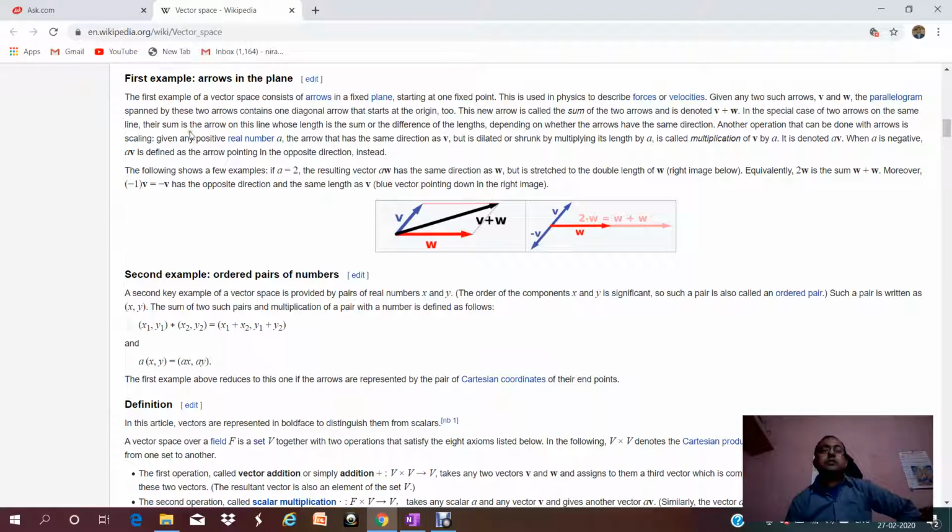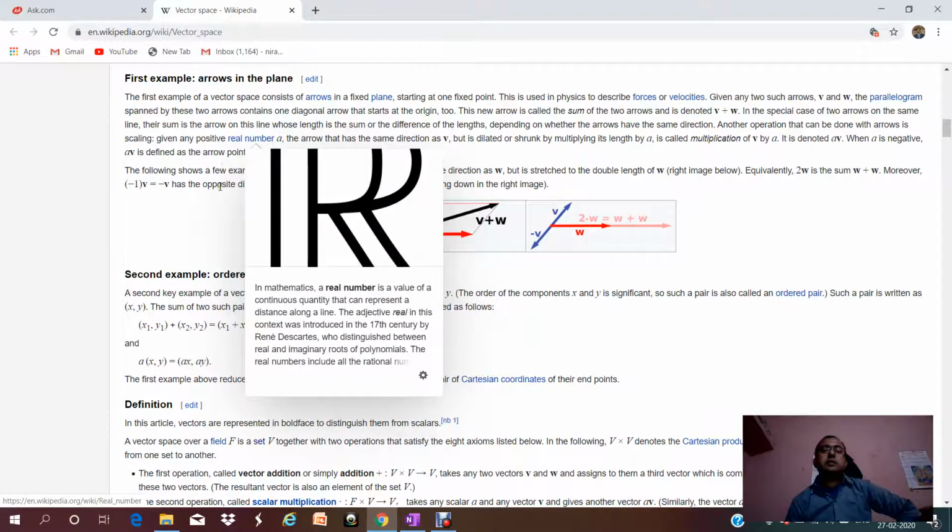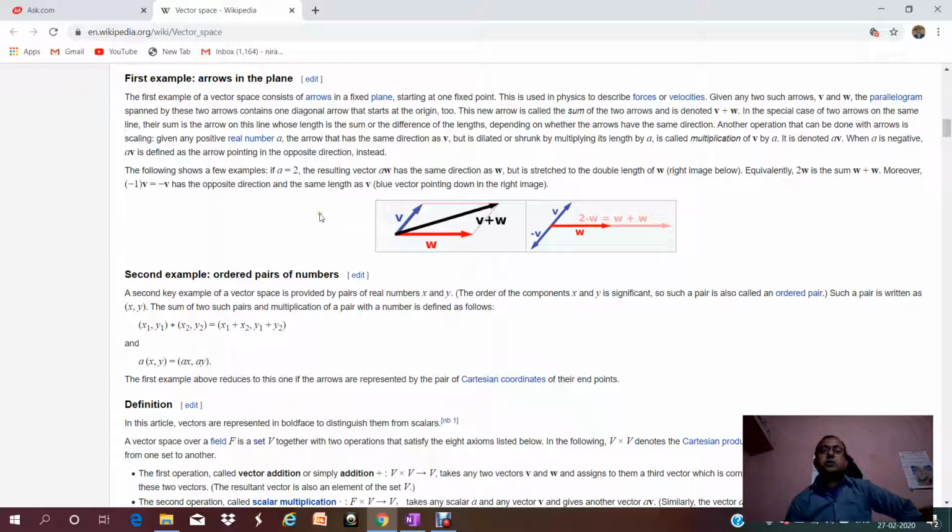To understand the vector space, it is very important to know the behavior of vectors. This is the resultant of the two vectors. You already know from vector algebra that if two vectors are represented by two adjacent sides of a parallelogram, then the diagonal represents the resultant of the two vectors.